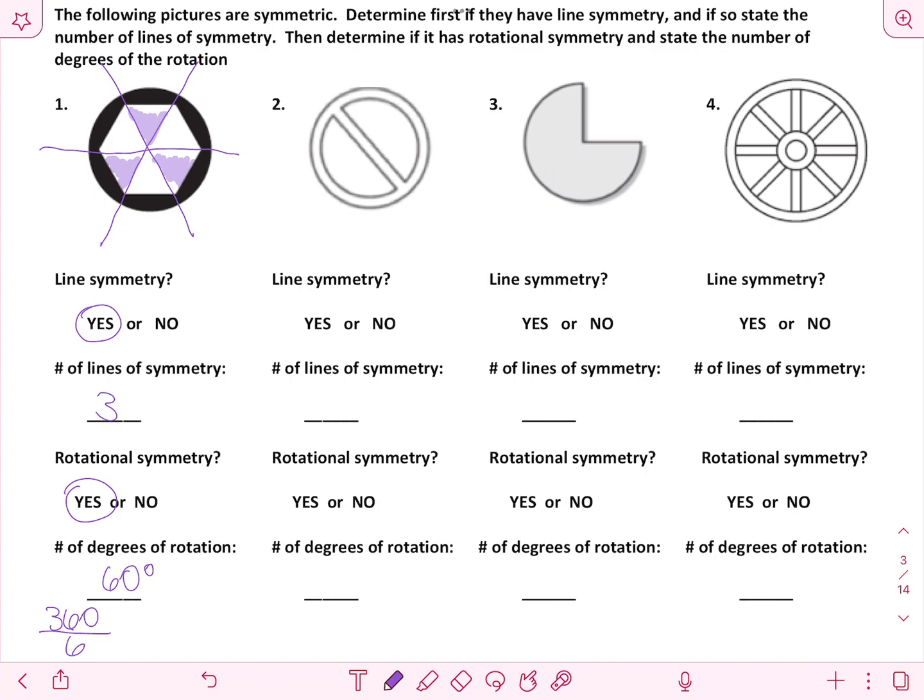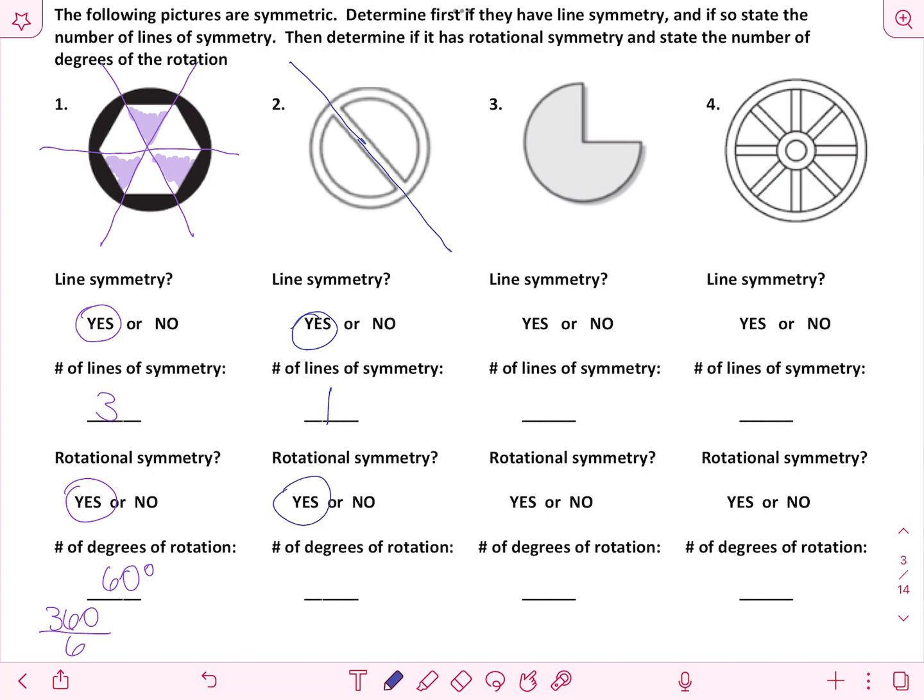All right, let's look at number 2. If we look carefully, I can find one line of symmetry. Okay, I can't find it the other way because when I fold it in half, it doesn't necessarily ensure that things fold onto itself exactly.